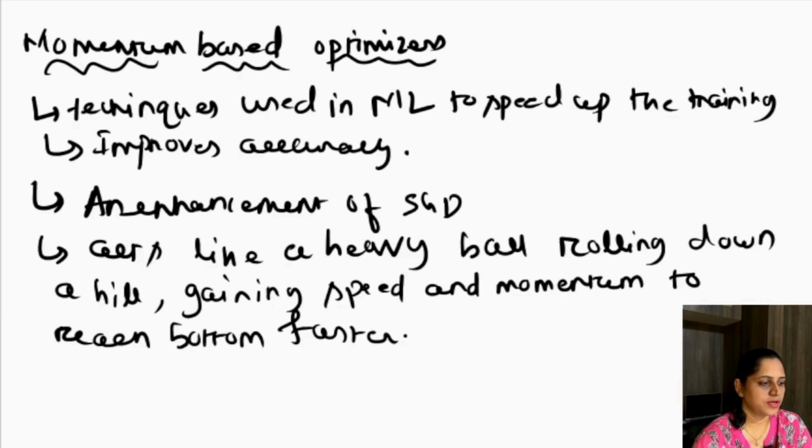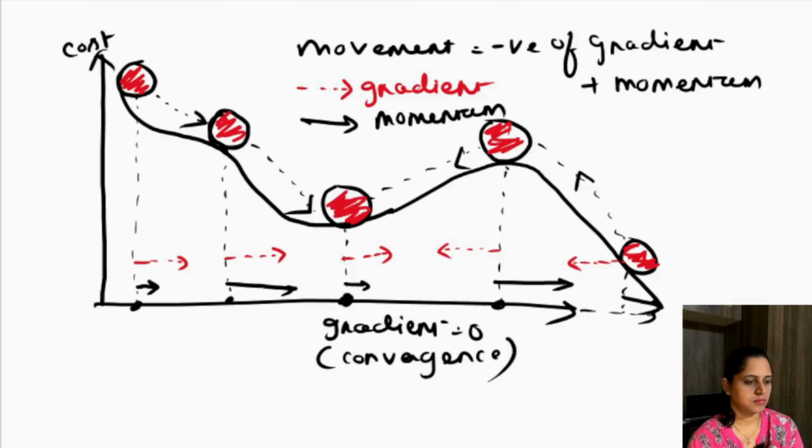Now let me draw an image just to show you a comparison, or just to show how momentum works. Just imagine that this is your cost function, and this is your theta. This is a 2D image, I mean, how your points lie on the surface. This is a cross section. Imagine that there is a point, and that point comes down. Here is a place where my gradient will be 0.